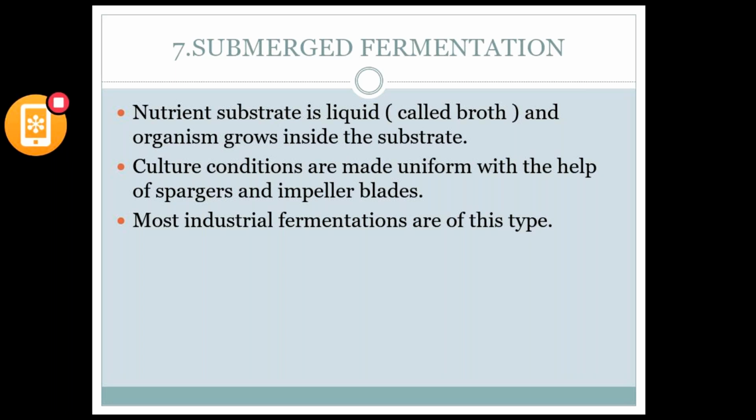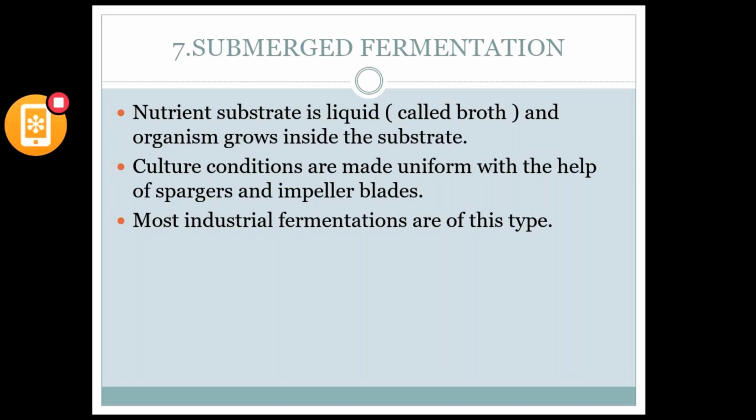The main disadvantage we have named there was the unequal conditions of oxygen and nutrients. To prevent this in submerged fermentation, both the sparges and impeller blades are used to maintain the conditions for the microorganisms to grow. And most industrial fermentations are of the submerged type.